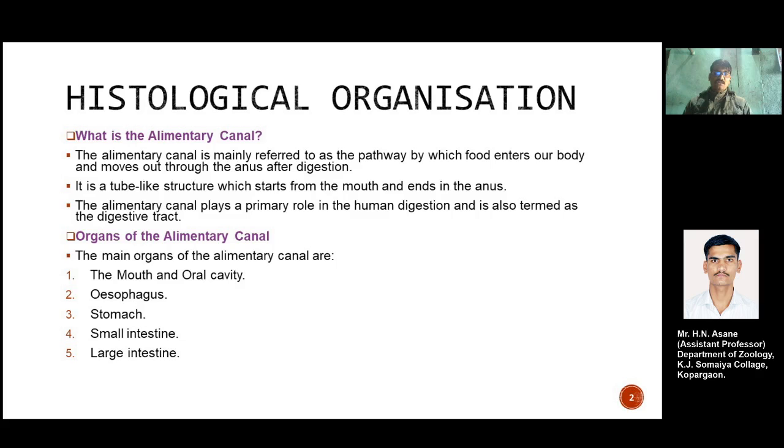In this session and the coming next 3 or 4 sessions on the alimentary canal, we will collect information and try to understand the inner structure of the digestive tract organs: esophagus, stomach, small intestine and the large intestine.